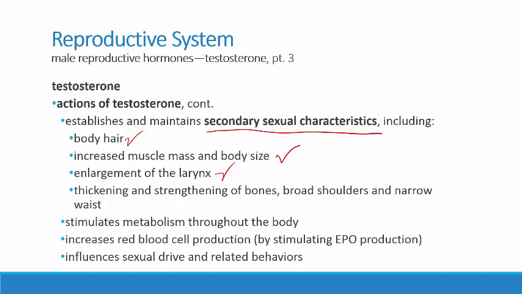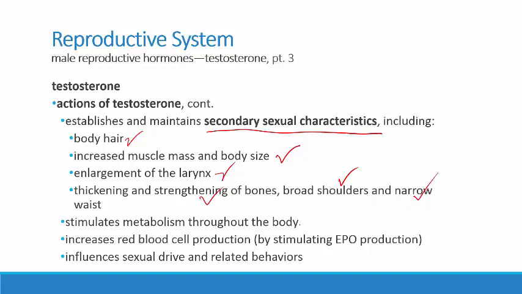And then the characteristic shape that we associate with the male body: broad shoulders, thicker and stronger bones, and relative to the shoulders, a relatively narrow waist.